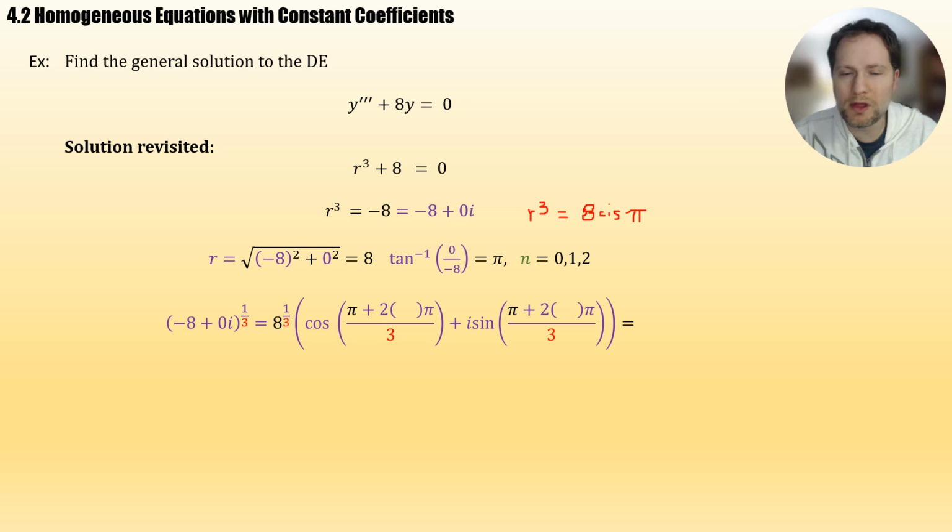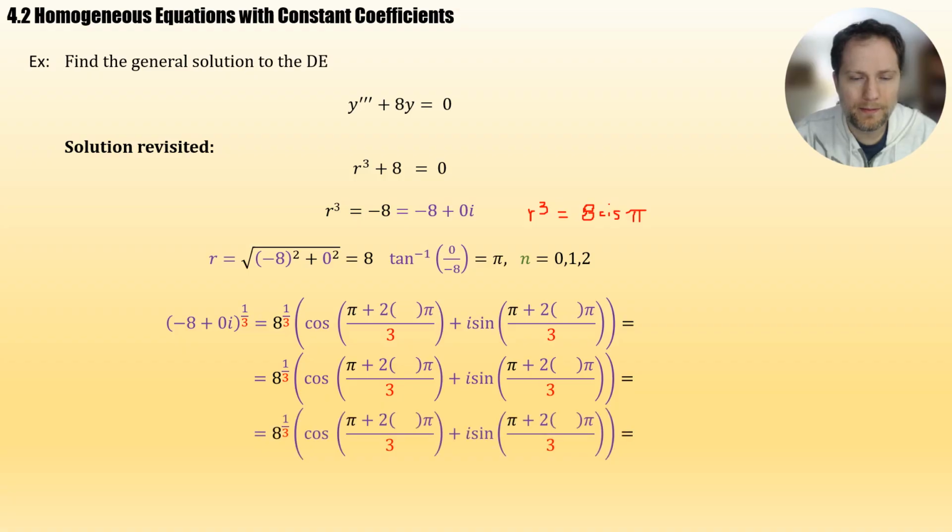And now we're looking for the 3 cube roots, right? So we're going to let n be 0, 1, and 2 in our formula. If you let n be 0, you're going to get in our argument here pi over 3.